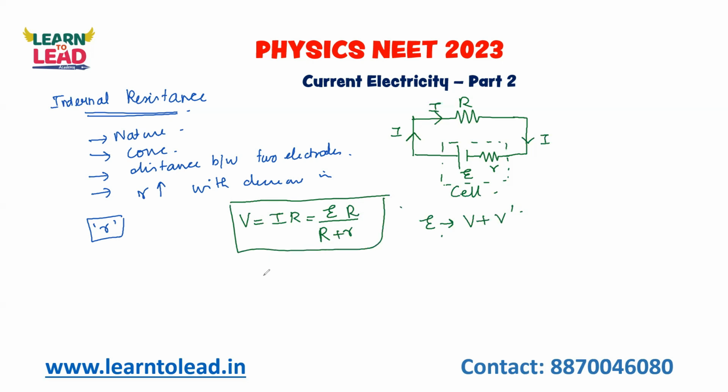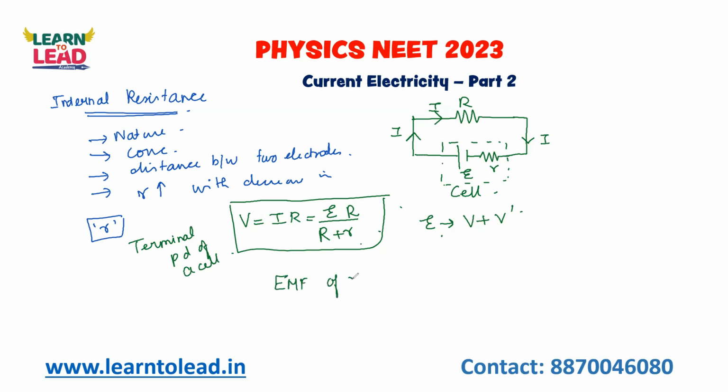அதே மாதிரி, terminal potential difference அப்படின்னு கேட்டாங்க. What is the terminal potential difference of a cell? V is equal to IR, and I you can write as EMF divided by R plus r. Okay, now see, what is EMF of a cell?